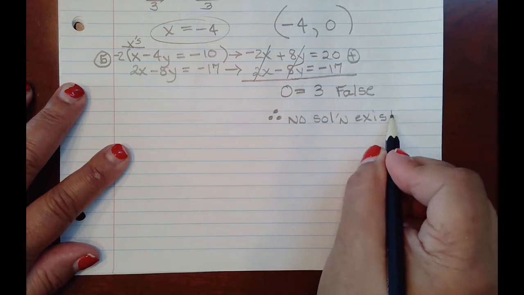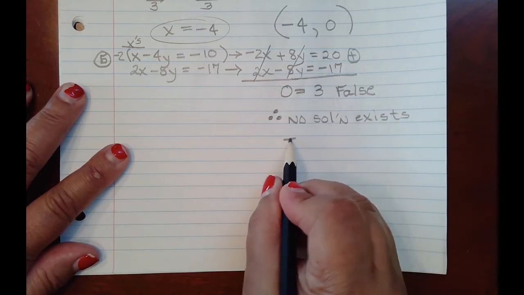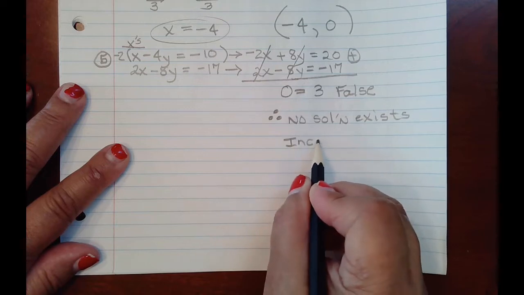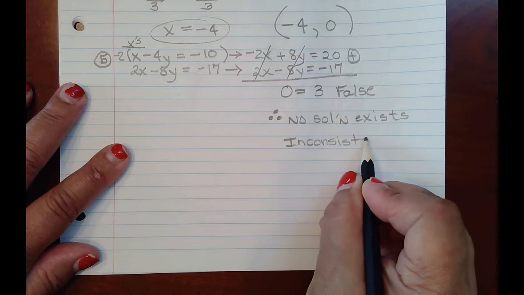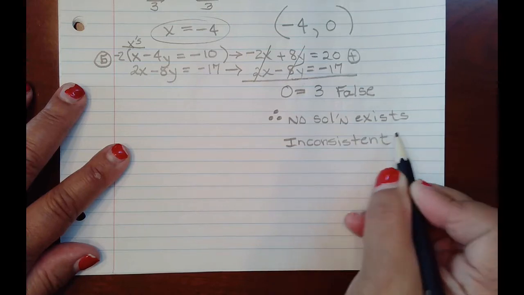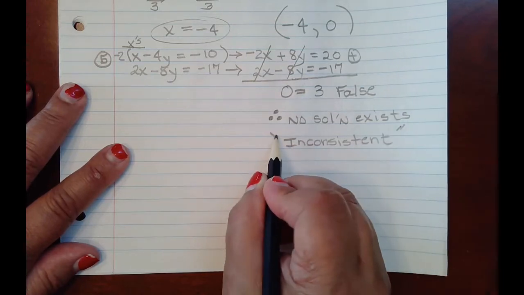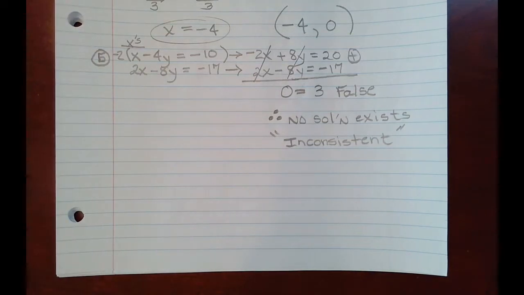We have a term for that. It is called inconsistent. That is the terminology for a system that has no solutions. Okay, so that's number 5, which is D.